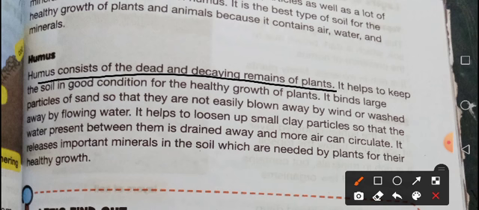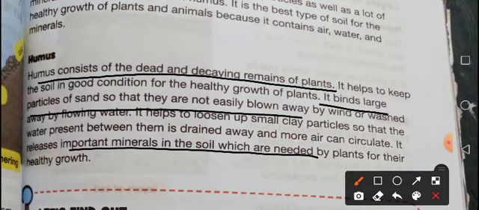Humus is good for the soil. With the help of humus, plants grow in the soil. It helps to keep the soil in good condition for healthy growth of the plants. It binds large particles of sand so they are not easily blown away. Large particles stick together because of the humus. It releases important minerals in the soil which are needed by the plants for their healthy growth.